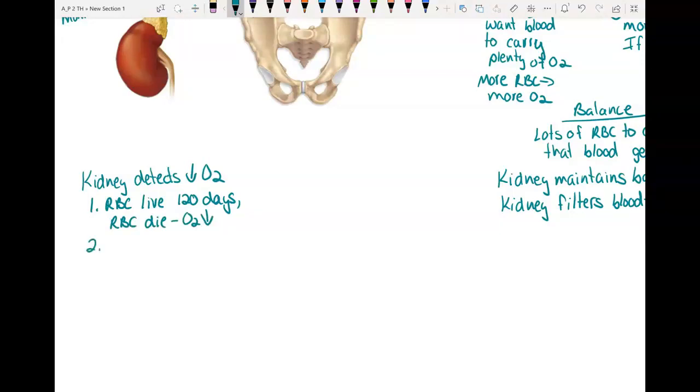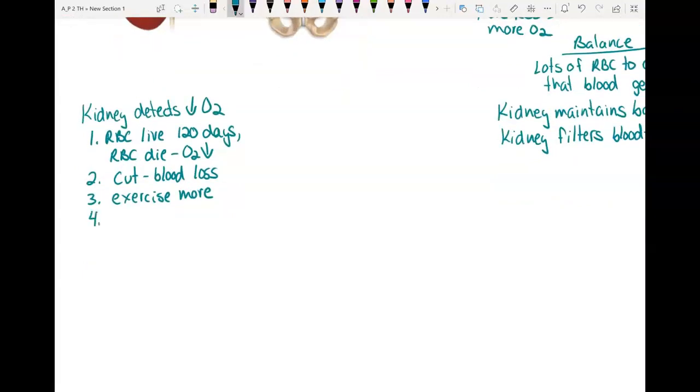You could also get a cut and have blood loss. Anytime you lose red blood cells, you lose oxygen carrying capacity. If you start to exercise more, then you're going to be using up more oxygen, and so your oxygen level will go down. Or if you go to high altitude, such as going up in the mountains.